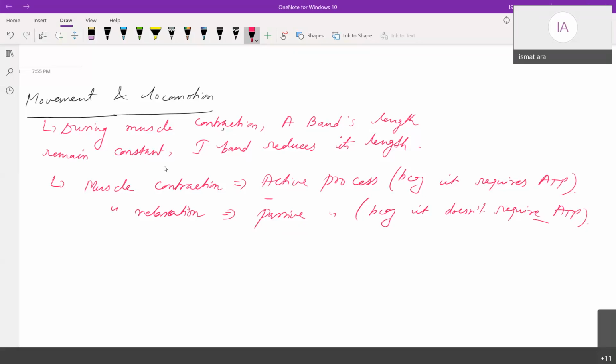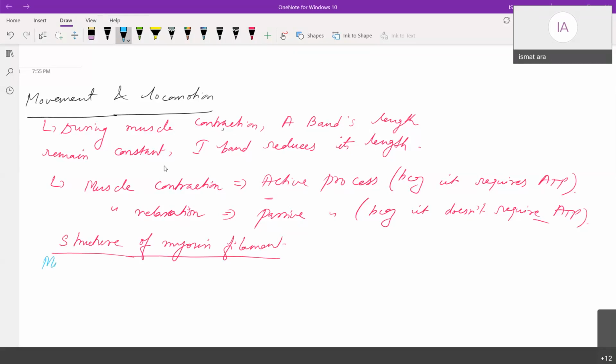Now, the structure of a myosin filament. What is the monomer of myosin? Malik, can you tell me the name?